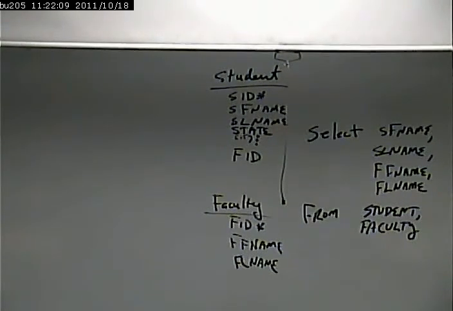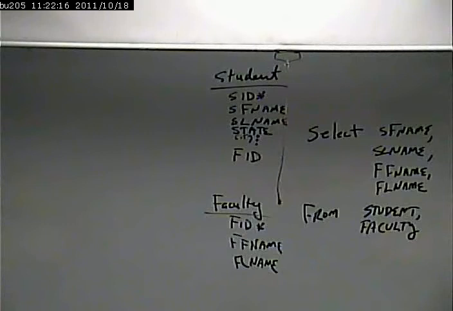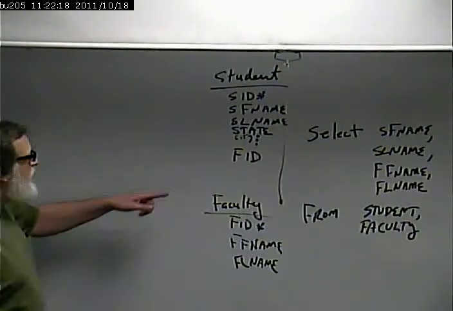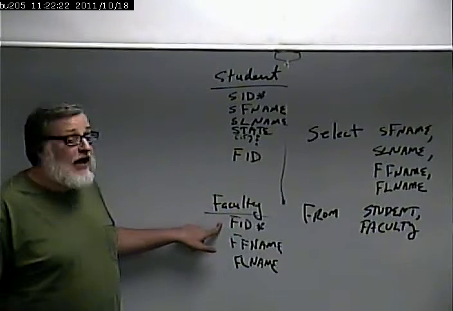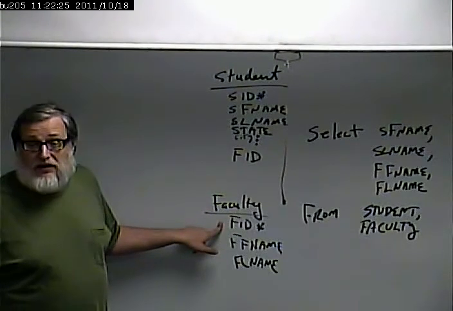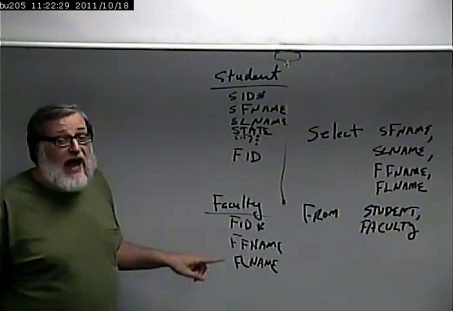In other words, you might think, gee, it should be obvious if I'm selecting between faculty and student that I want to use the faculty ID in the student table to pull up that one faculty person that is that person's advisor. Not so.